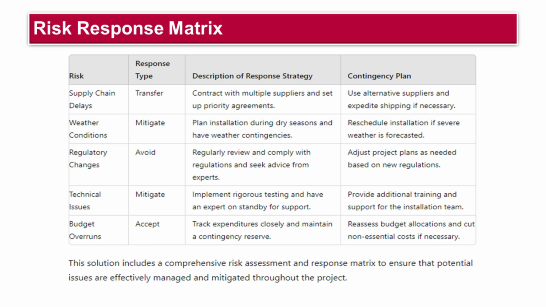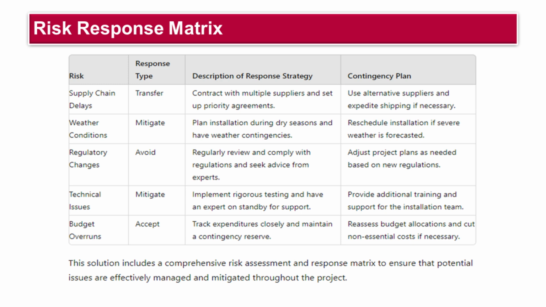Common response types include avoidance, eliminating the risk by changing the project plan. Mitigation, reducing the impact or likelihood of the risk. Transfer, shifting the risk to a third party, such as through insurance or outsourcing. Acceptance, acknowledging the risk and deciding to accept the consequences if it occurs, often used when the cost of mitigation is higher than the risk itself.